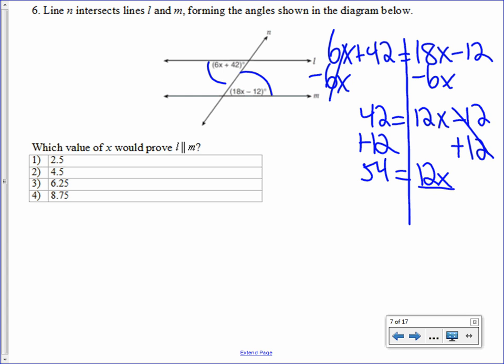Divide last. It's asking for which value of x? 4.5. Remember, if the lines are parallel, then they won't be equal.